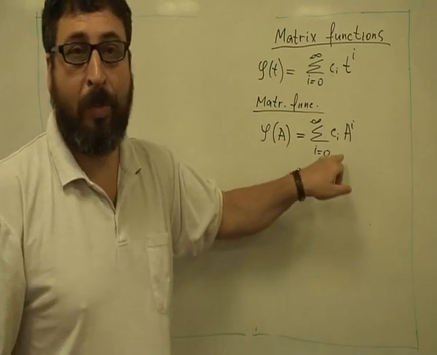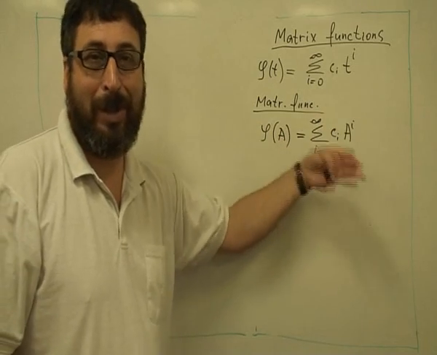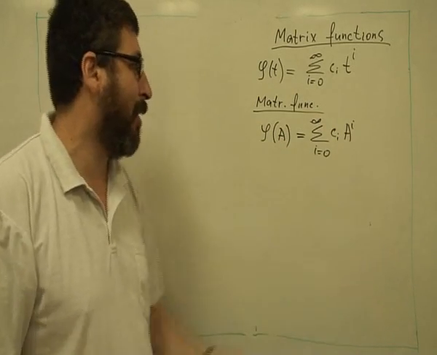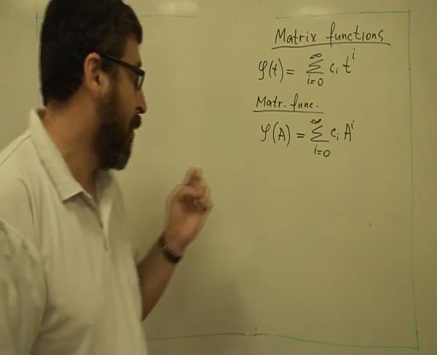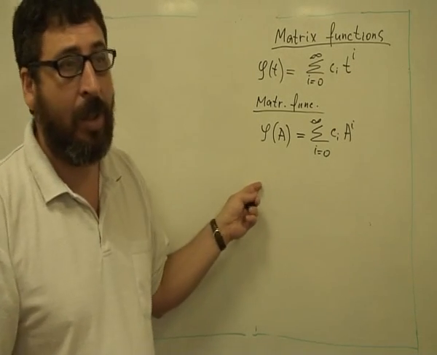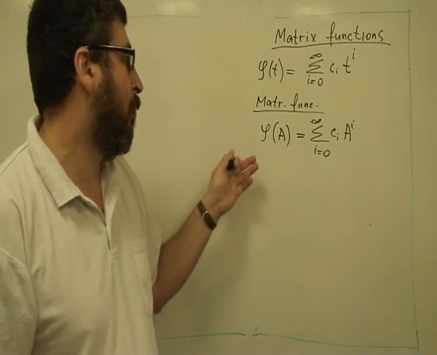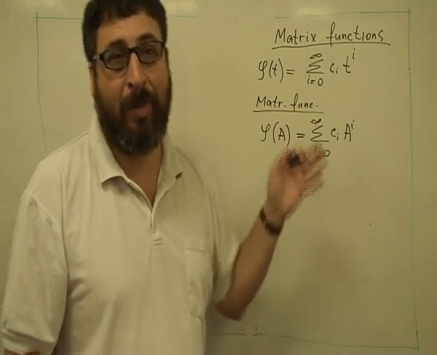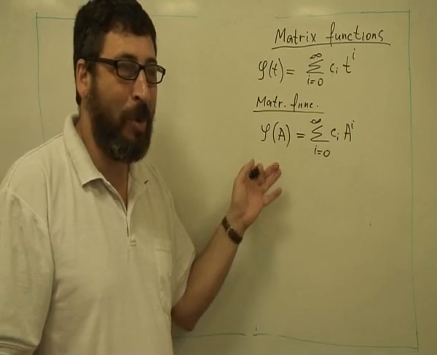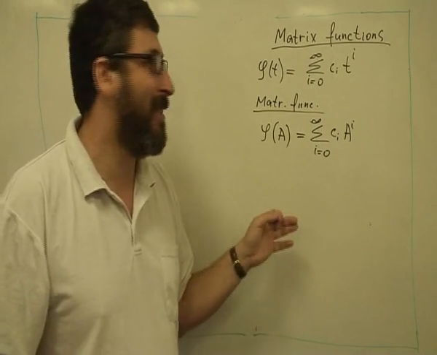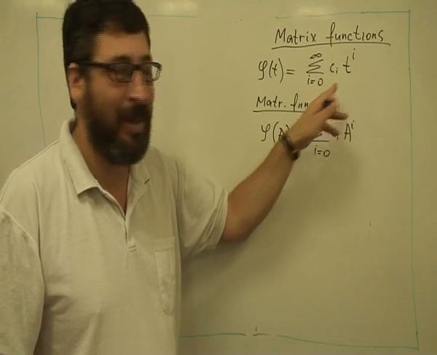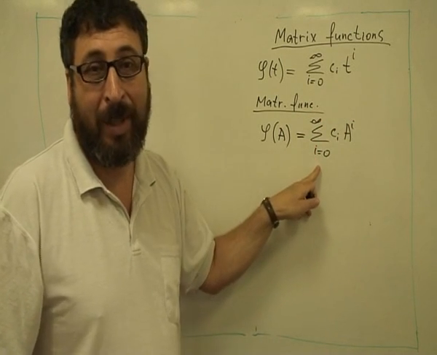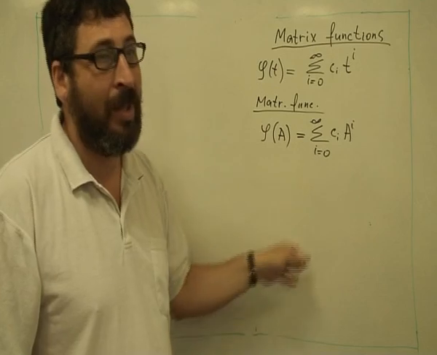What is the power of a matrix? It's just multiplying the matrix by itself i times. And if somebody has this expansion, the most popular example is the matrix exponent. If you have the exponent and its Taylor expansion, you can define the exponent of a matrix.